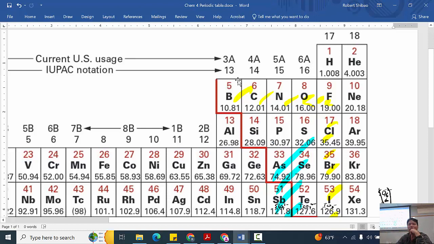Look at the position of phosphate and tell me what its charge is.